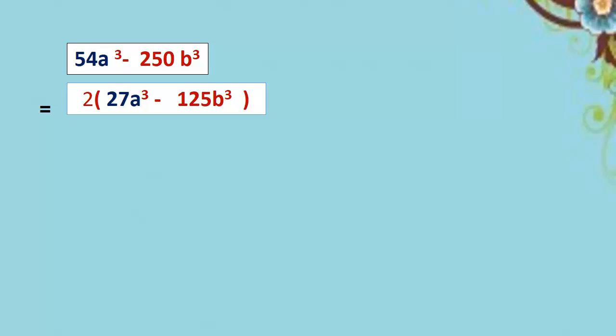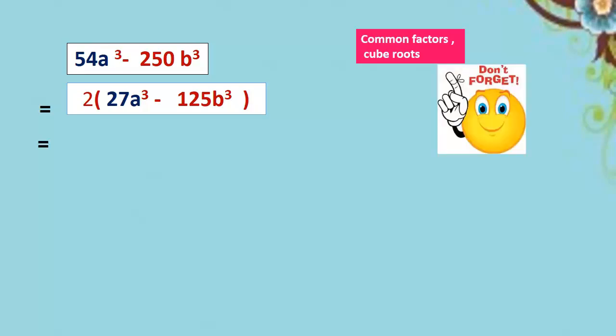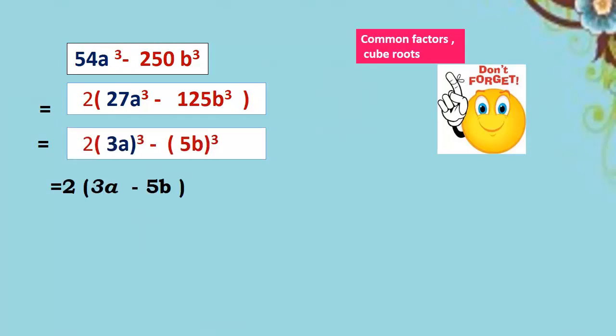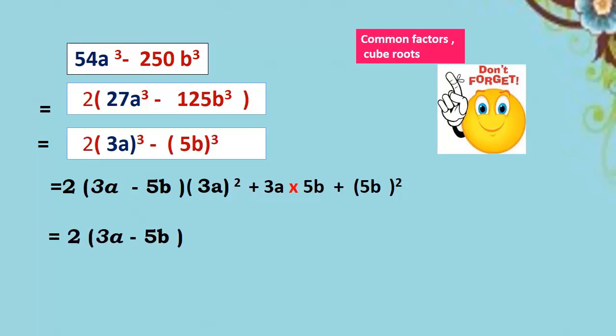So again 27 is nothing but 3a the whole cube minus 5b the whole cube. So write down the formula correctly, place it properly. Now here 2 into 3a minus 5b, don't solve it because you are here finding the factors. So don't again multiply. 3a the whole square 9a square, 3 5s are 15ab plus 25b square as it is.